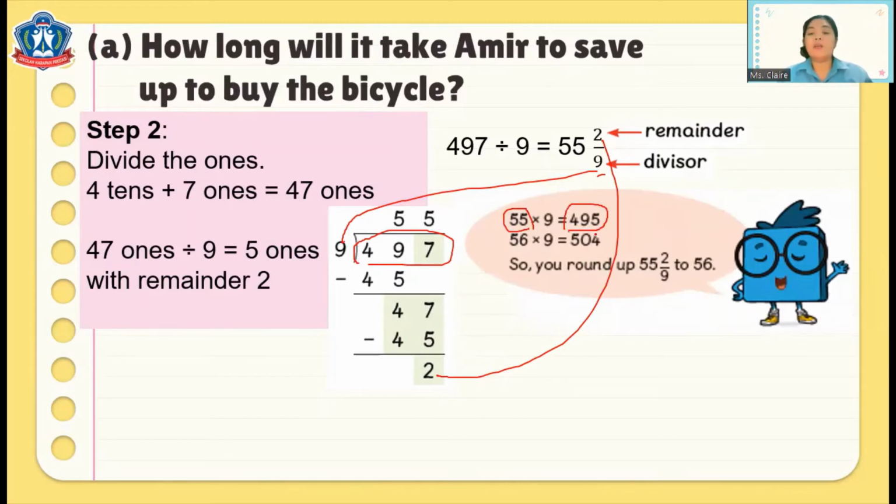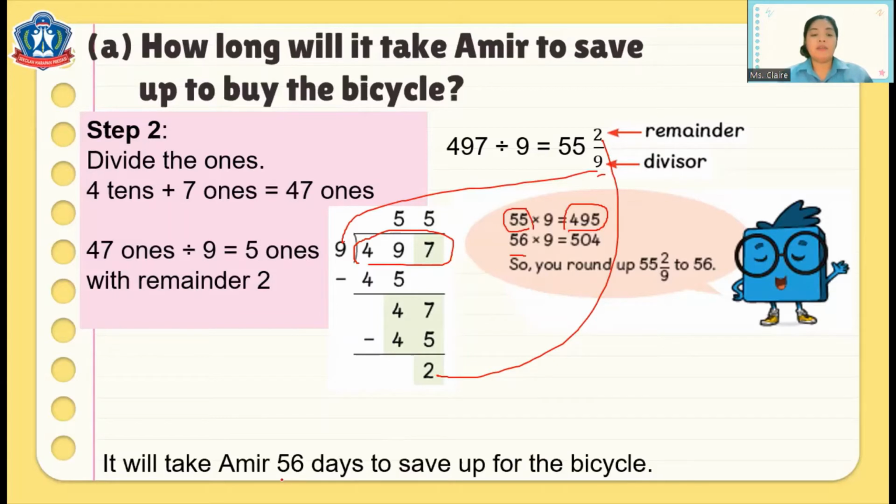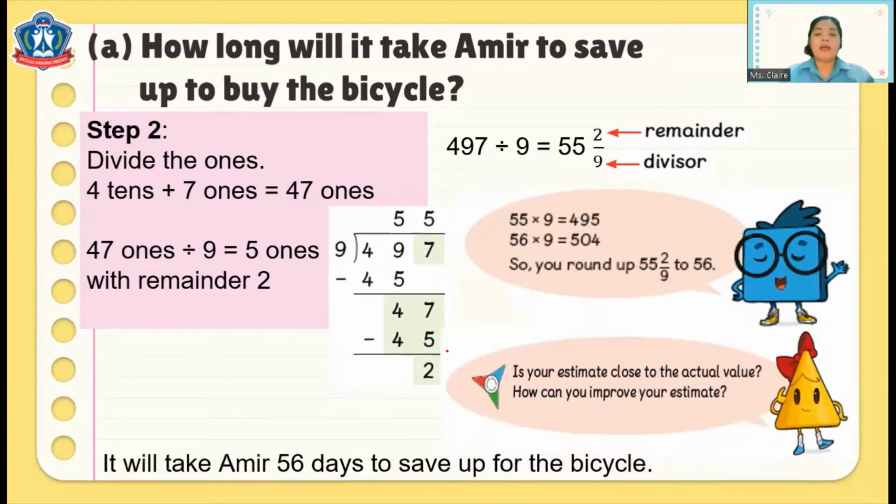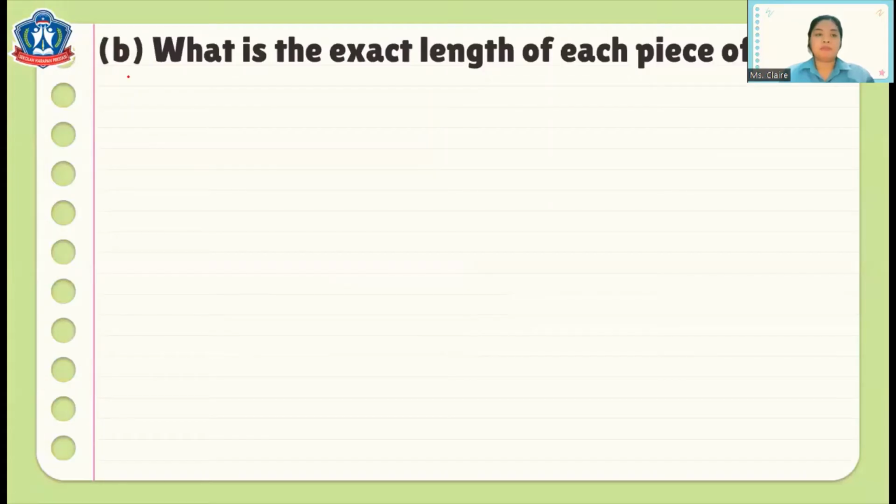So we will add one more day, and that is 56. So in 56 days he can get $504. It means he can buy this bicycle in 56 days.